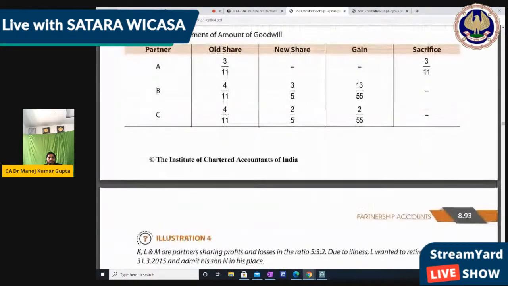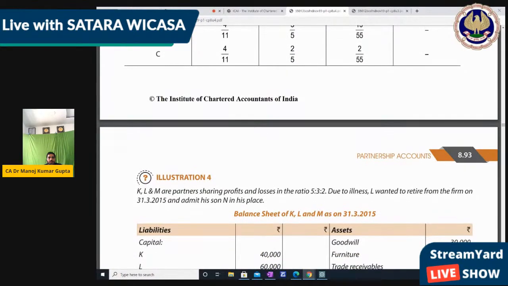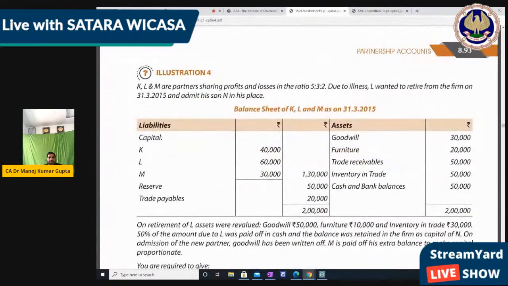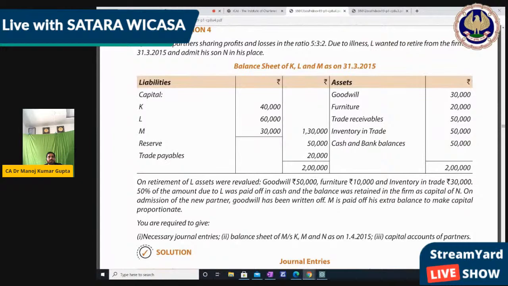Yes. Now, question number 4 of the same. KLM are partners sharing profit and loss in the ratio 5:3:2. Due to illness, L wants to retire from the firm on 31st March 2015 and admit his son N in his place. So now it's a combination of retirement and admission together.